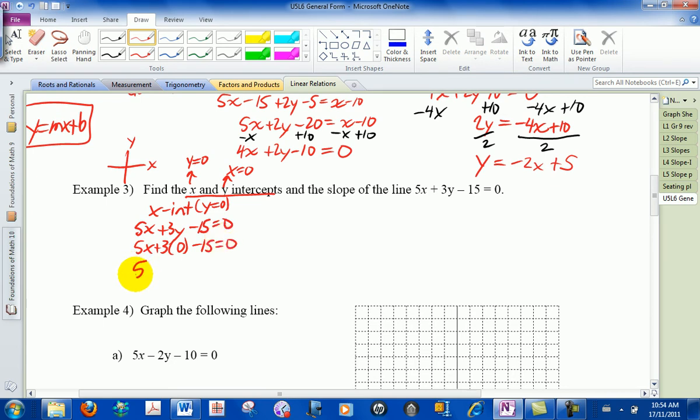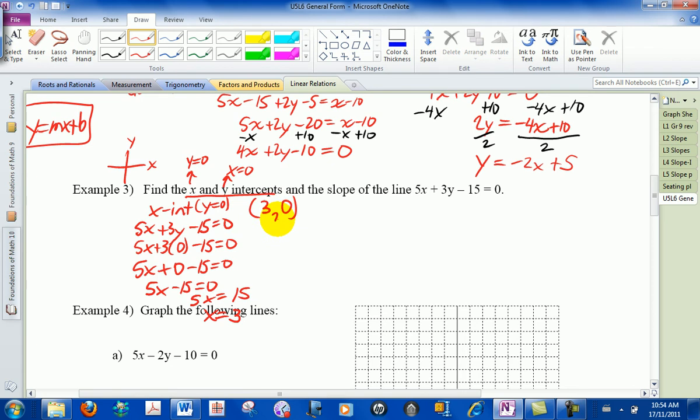So we get 5x plus 0 minus 15 equals 0. 5x minus 15 equals 0. 5x equals positive 15. So what's the x value? 3. So for your x-intercept, we get 3, comma 0.